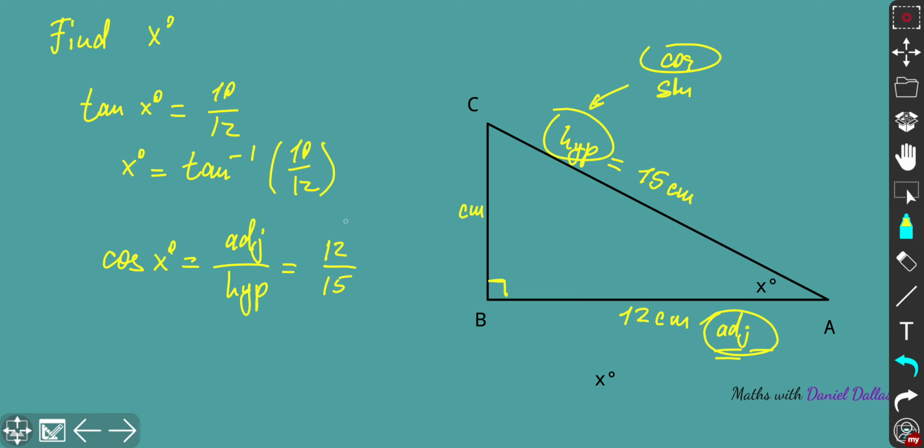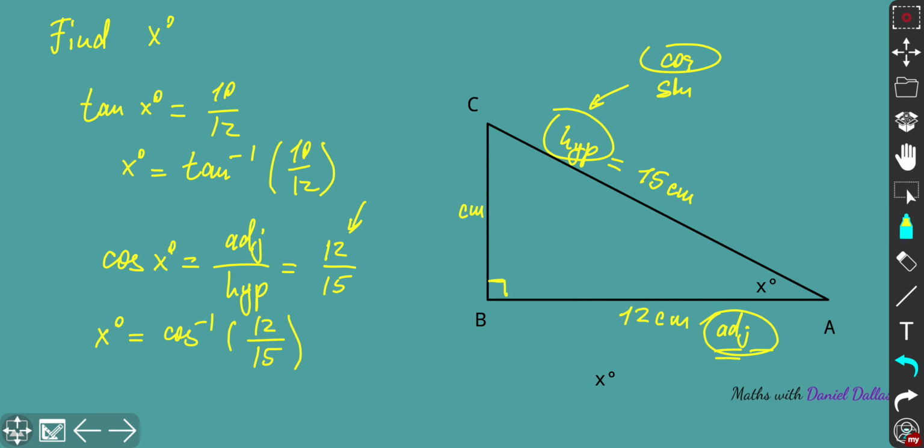As you notice, cos and sine can never be greater than 1, so you always need to check your fraction. If you get a fraction that exceeds 1, obviously it's not right and it won't work. From there you can press cos minus 1 of the fraction 12 over 15.